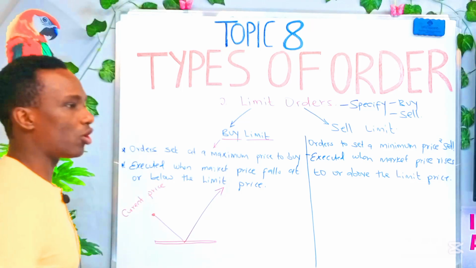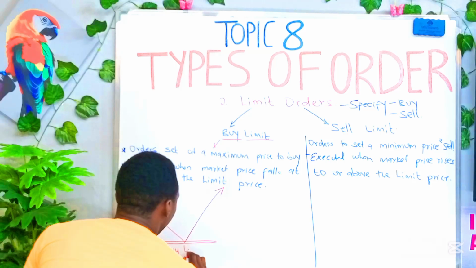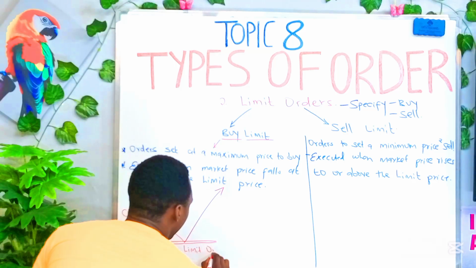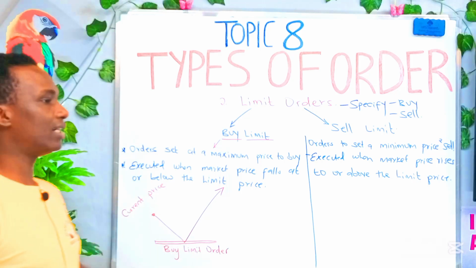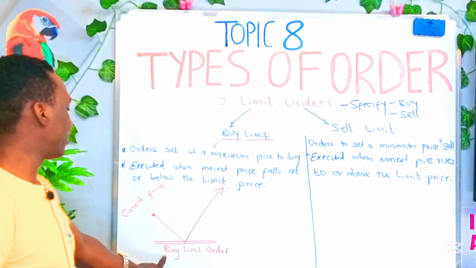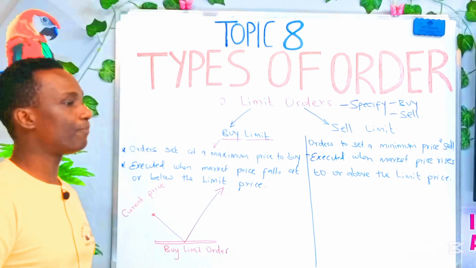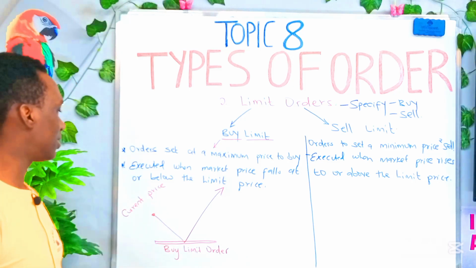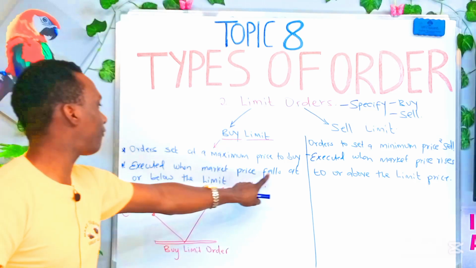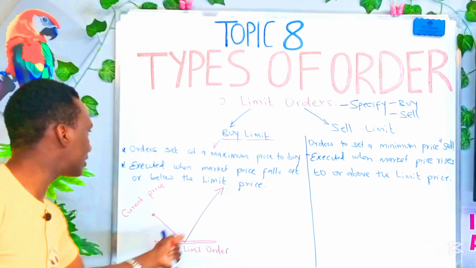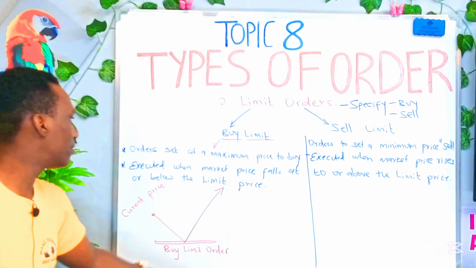So this is our buy limit order. It gives the market orders to buy below a specified price. They are executed when the market falls at or below the limit price.